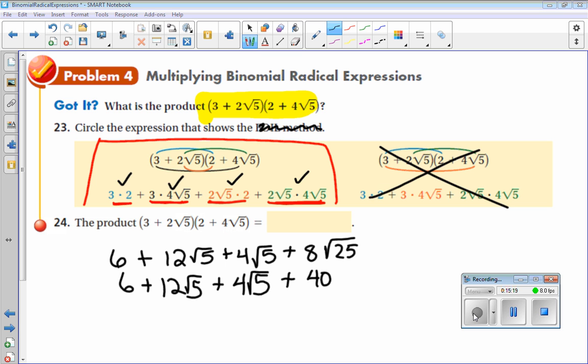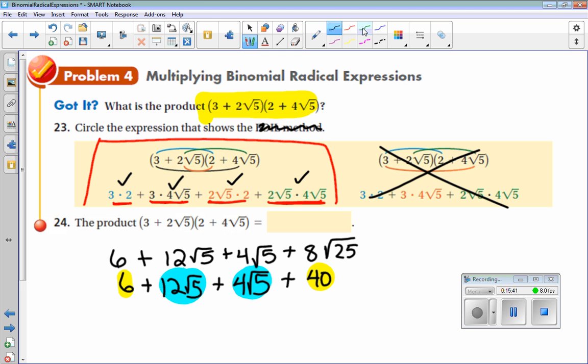Okay. So I'm going to highlight the like terms in my answers that I can actually combine. I can combine the 6 and the 40. Would you agree? Yes, ma'am. The other two things I can also combine are these two. Why? Because they have the same number under the radicals. And they're both the same index. Okay? So I can add them.